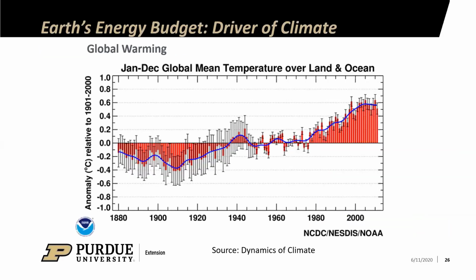So if we look at another depiction of global warming, which is here the global mean temperature over the lands and the oceans, and we compare it to the average from 1901 to 2000, which is your horizontal line in the middle, you see that since we started having a lot of good temperature readings, a good network, in around the 1880s to about 2010, there's the trend line rising.